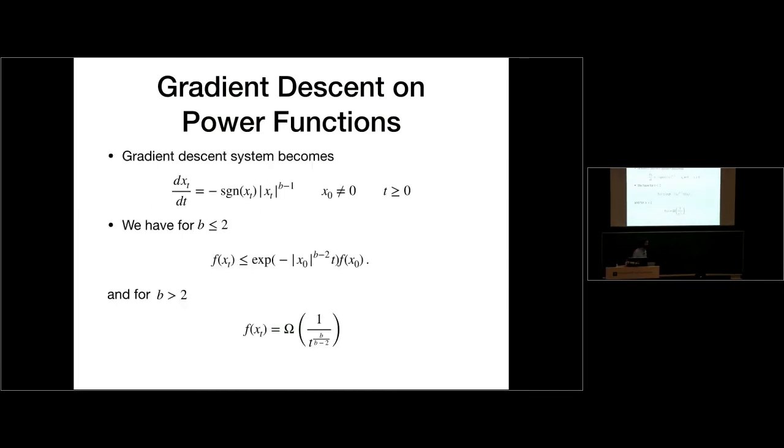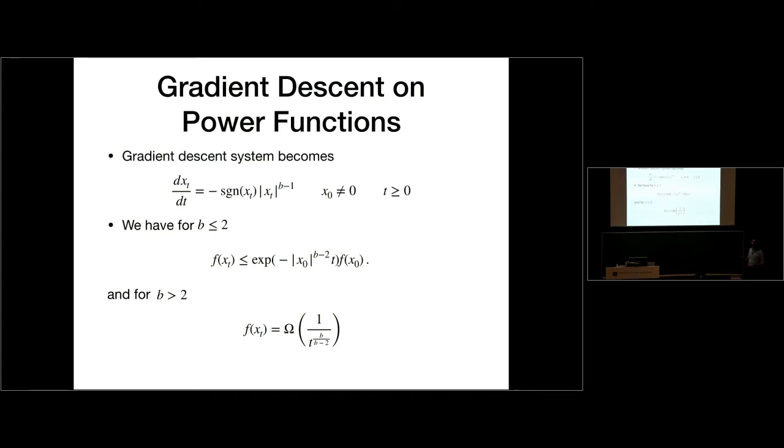Okay, and then the gradient descent system in continuous time that we're studying turns into this. And we're going to assume that we started somewhere that wasn't 0 itself, because if we start at 0, we just stay there. So that's not a particularly interesting case. And we're only going to think about time as moving forward and not backwards.